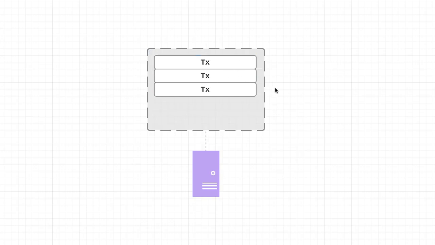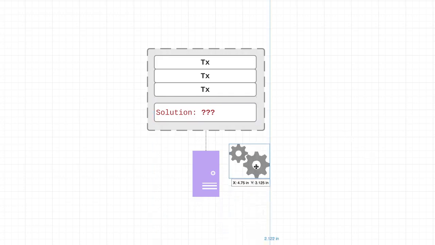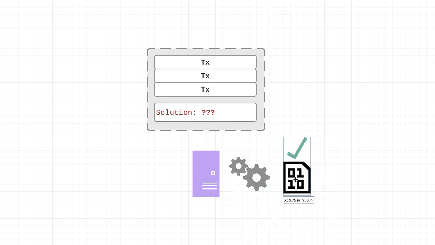So this is when things get interesting, because before these transactions can be considered finalized, each node is going to attempt to solve a difficult puzzle, and this puzzle is going to require a lot of computing power. Now, by solving this puzzle, nodes can prove that they did work by using computational resources.